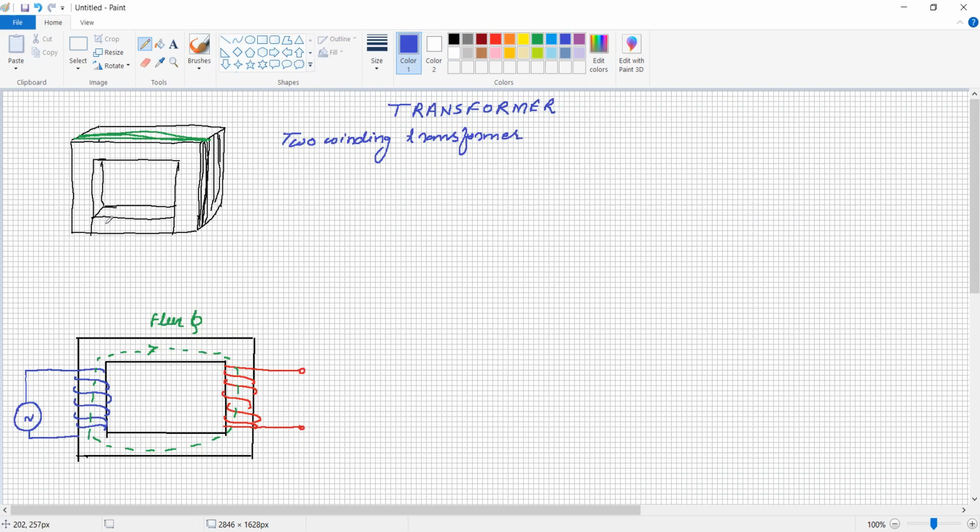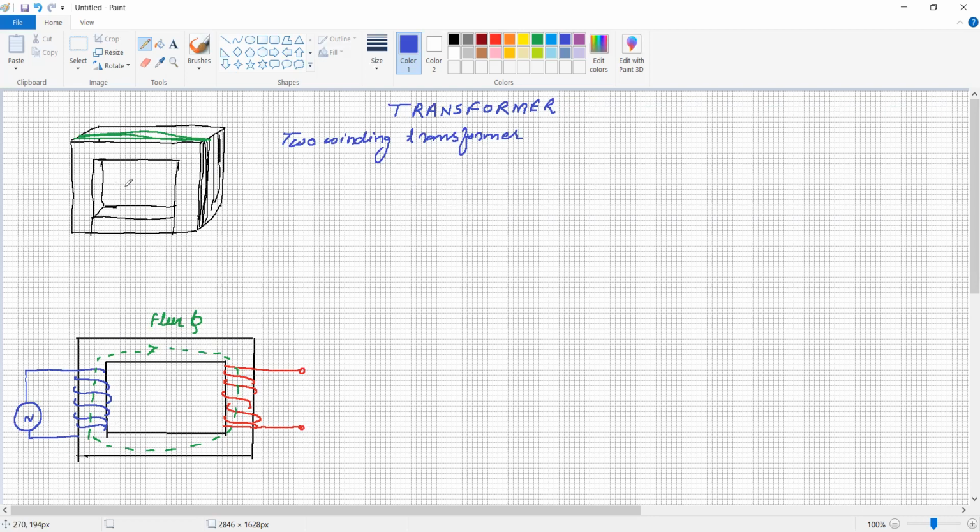There are two types of construction. One is the core type construction, where one winding is placed on one limb and the second winding is placed on the second limb. Whereas in the shell type transformer, both the primary winding and the secondary winding, or winding 1 and 2, are placed on the central limb.